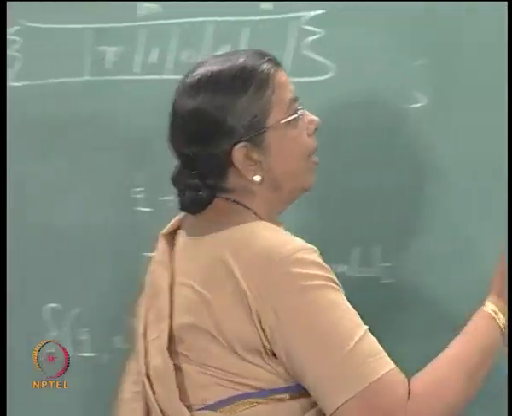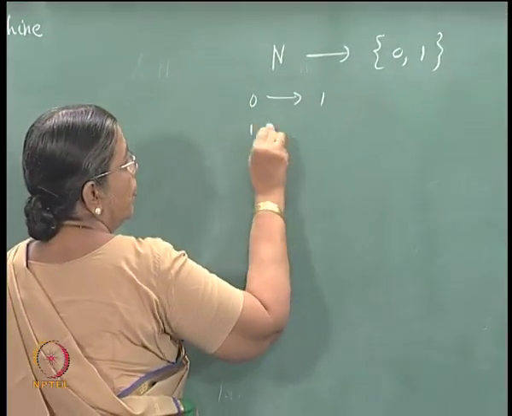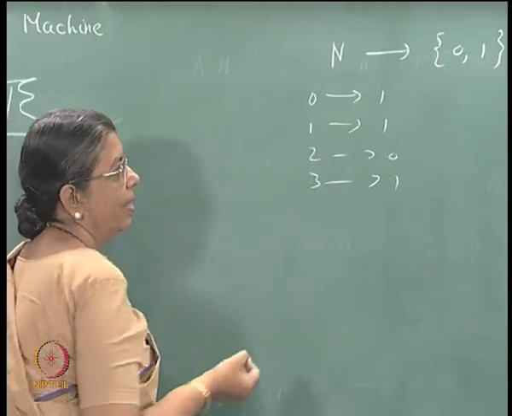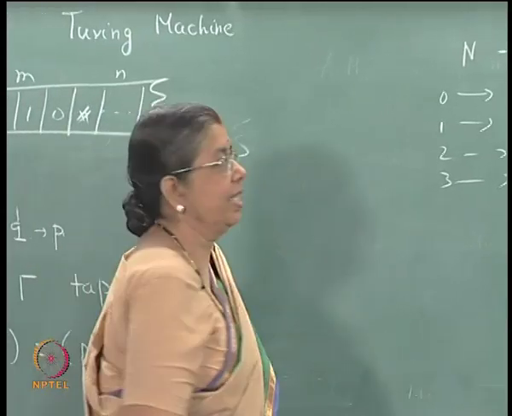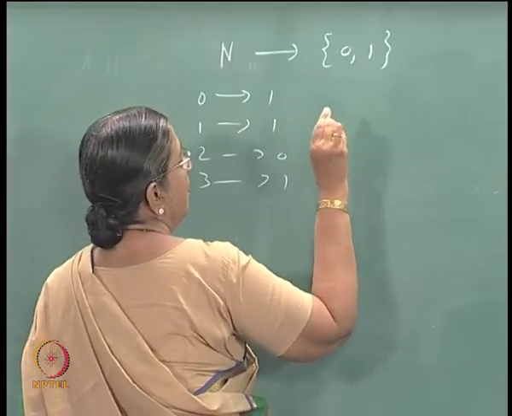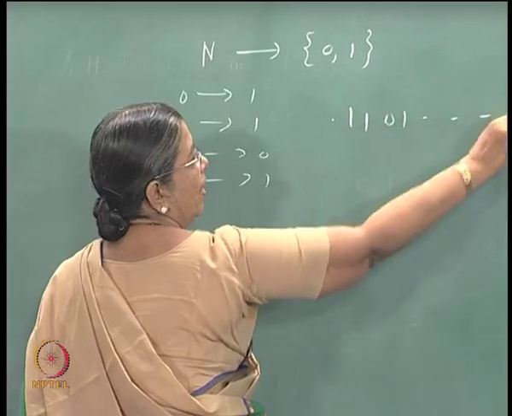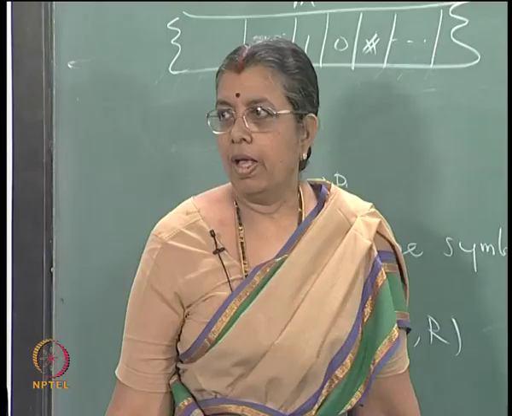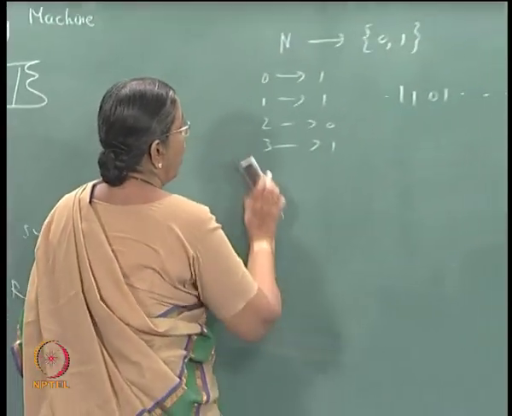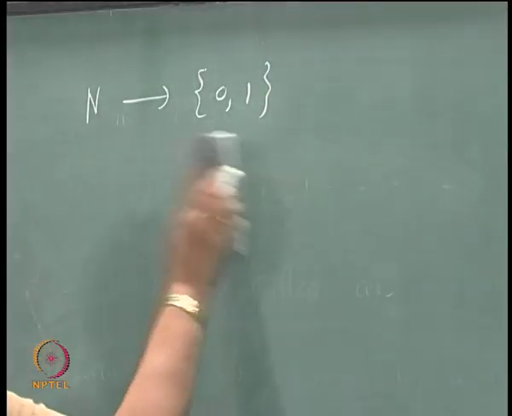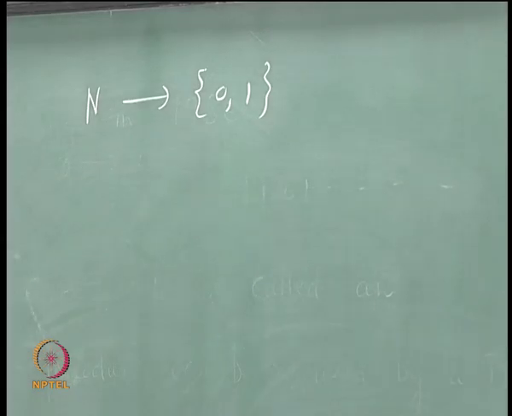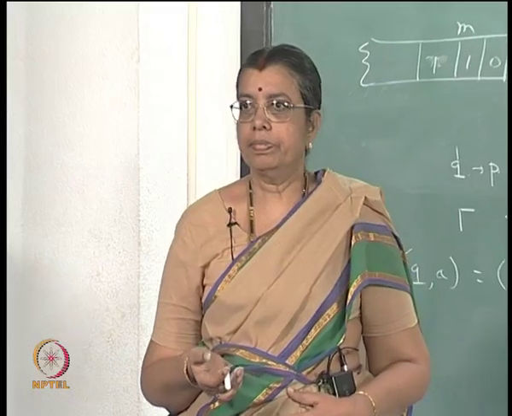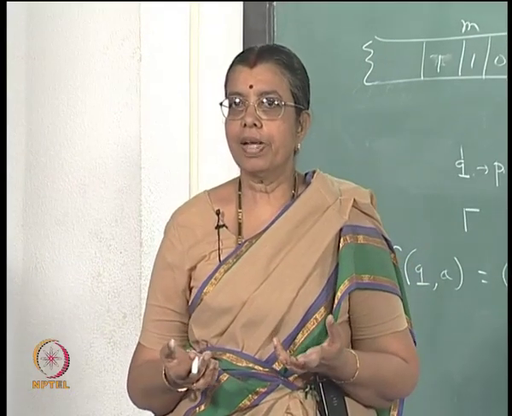For example, 0 goes to say 1, 1 goes to 1, 2 goes to 0, 3 goes to 1, like that. One function. This you can represent as, for example, 0.1101. It is a real number, right. So if you look at all functions from N to {0, 1}, you can make them correspond to real numbers, and you know that the set of real numbers is uncountable.